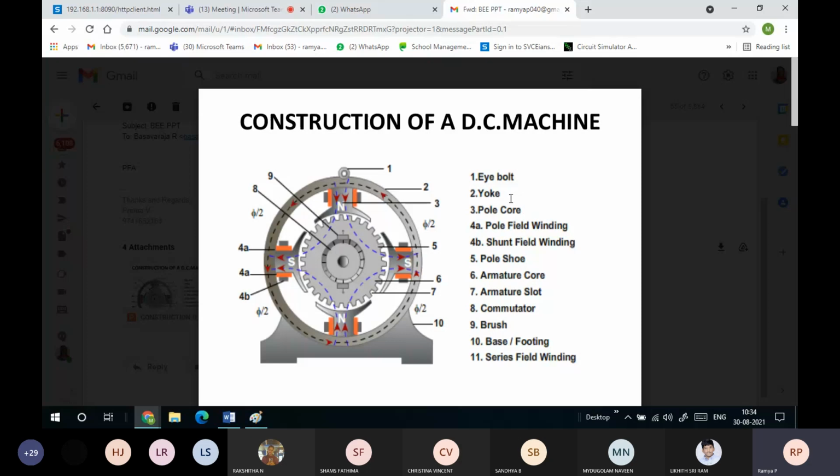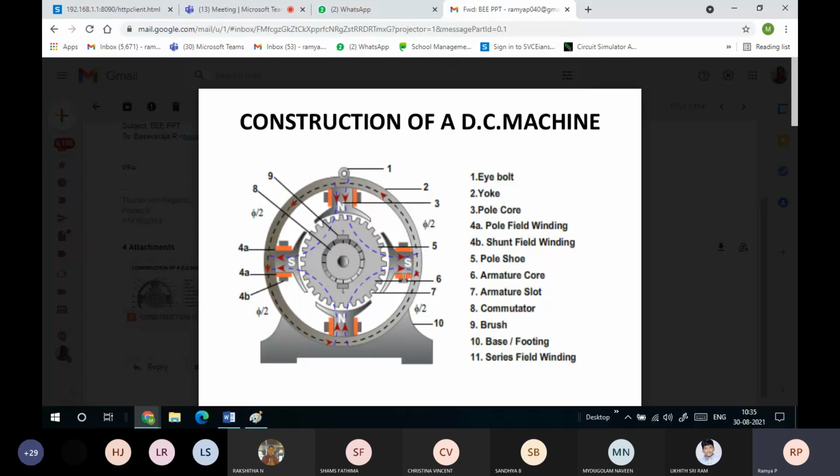It also serves as the outermost cover of the DC machine, so that the insulation materials get protected from harmful atmospheric elements. It's not that I'm going to keep the DC generator completely in a closed room, right? It can be subjected to atmospheric conditions, whether temperature, pressure, humidity, or moisture content. It can be placed anywhere. Hence this yoke is going to provide the protection.